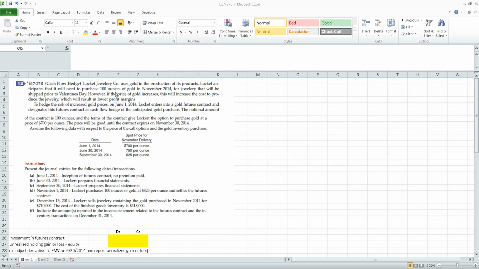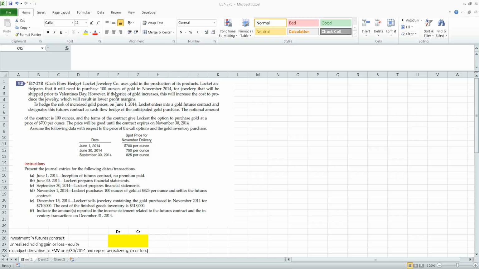So, to protect themselves against the risk that the price of gold will increase, they enter into a gold futures contract on June 1, 2014, and they designate this futures contract as a cash flow hedge of the anticipated gold purchase.